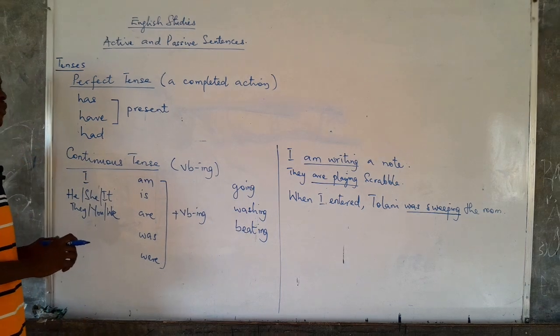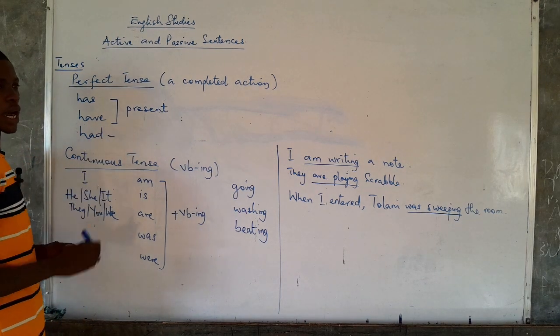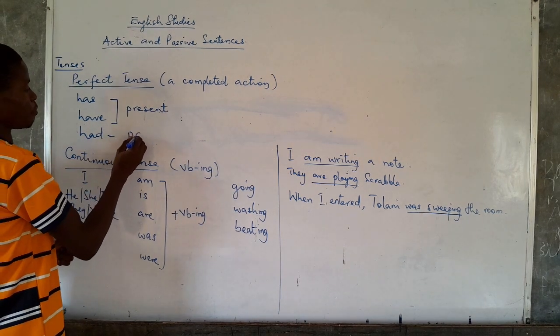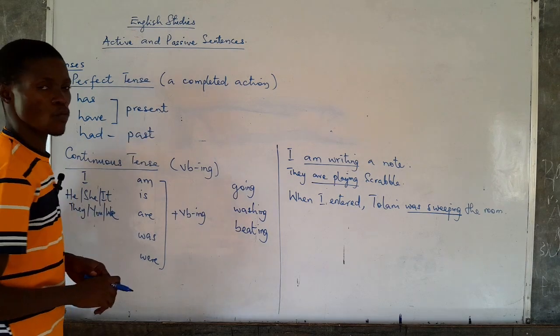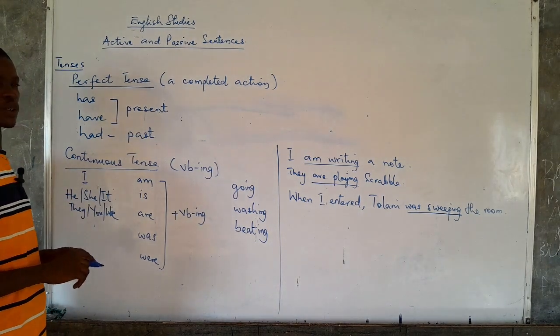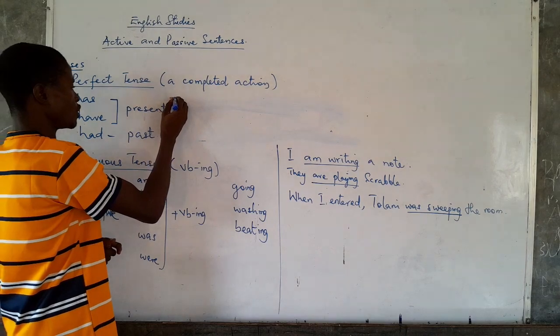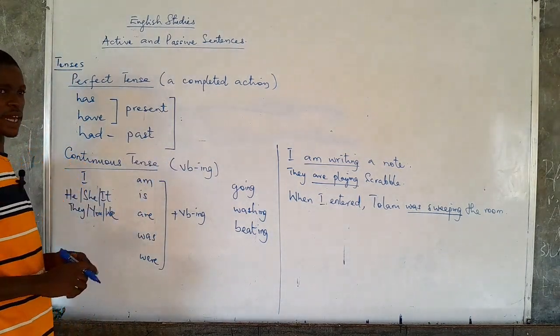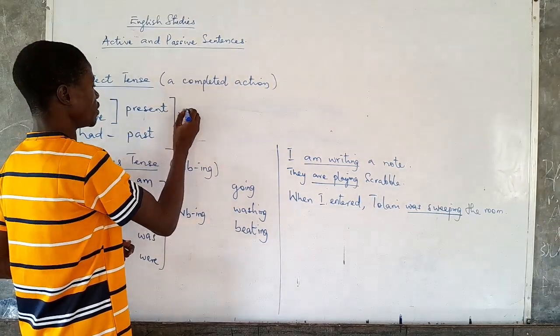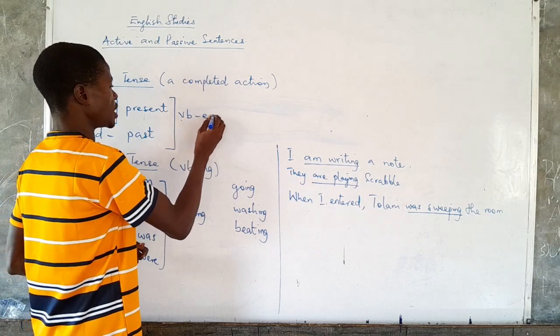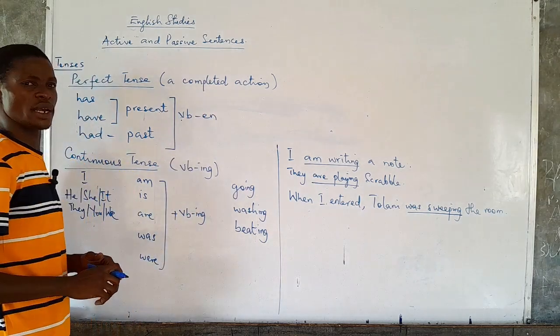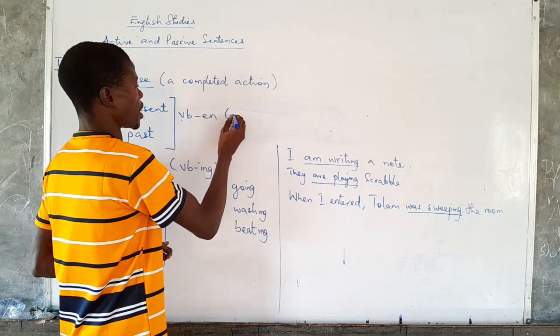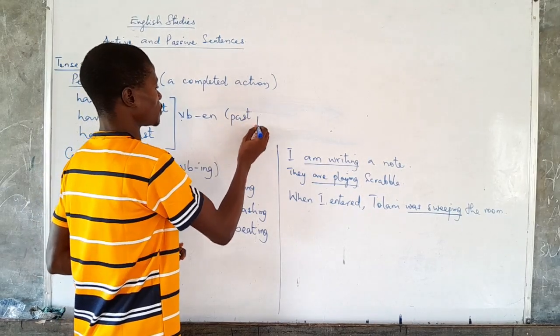They basically stand for present verb, while had stands for past verb. Whichever one we use out of the three, know fully well that the verb that follows should be verb en. Verb en is also known as a past participle.